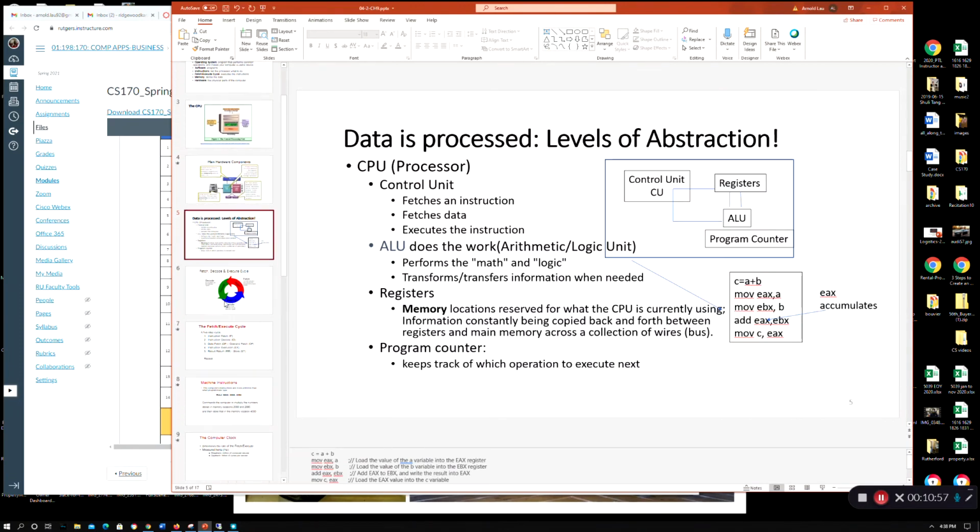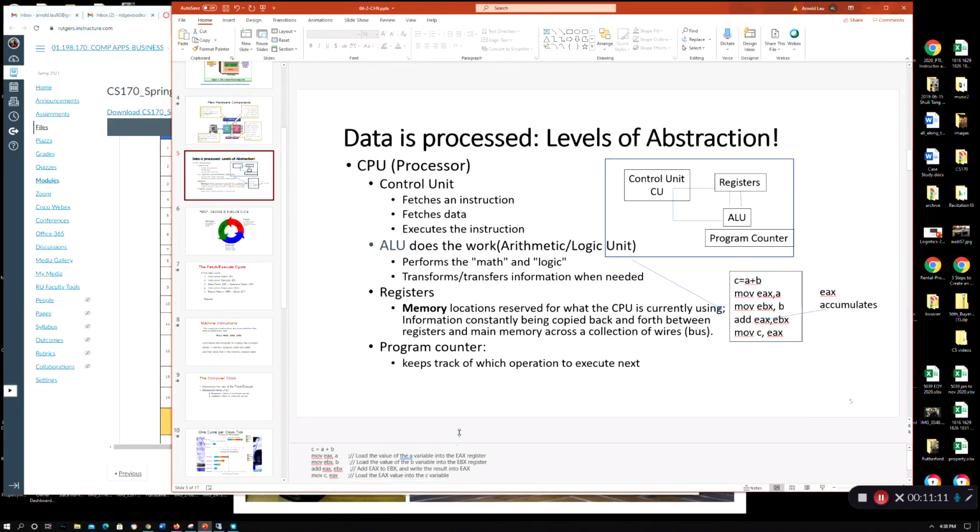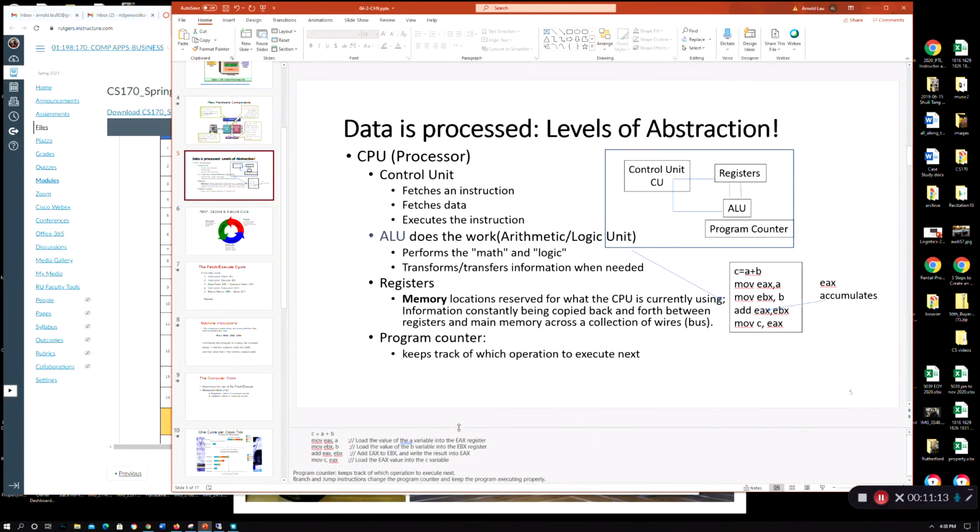Okay. All right. So this goes back to the point I was talking about with abstraction. Okay. So you break it down. There's a cycle here, and you see the notes here. Okay, so you see this says registers.